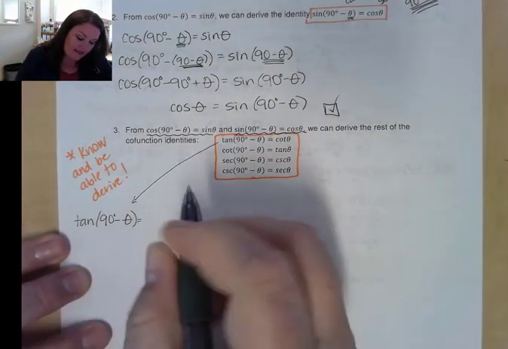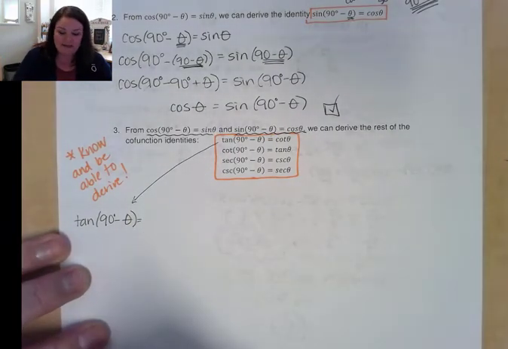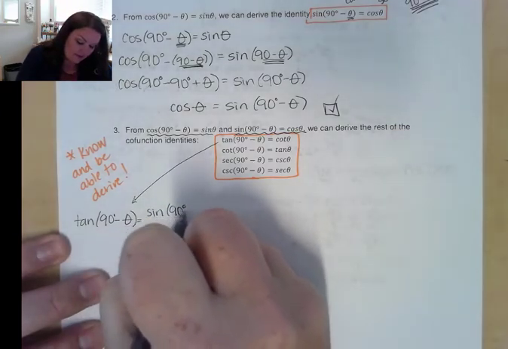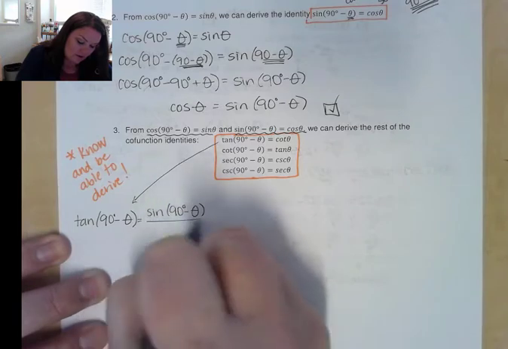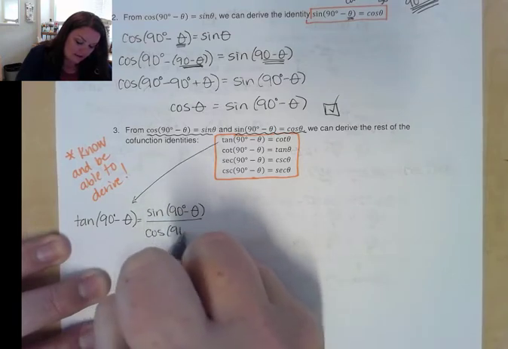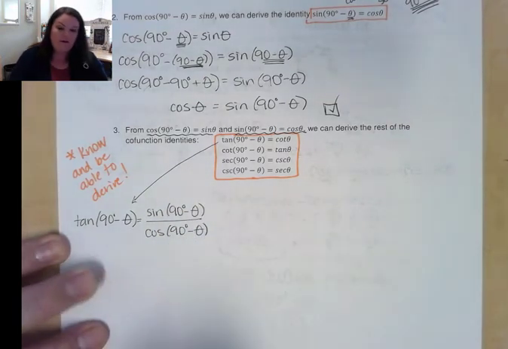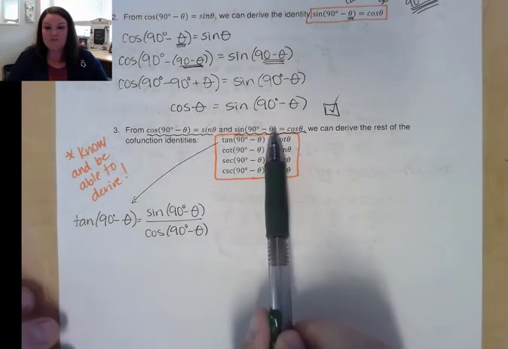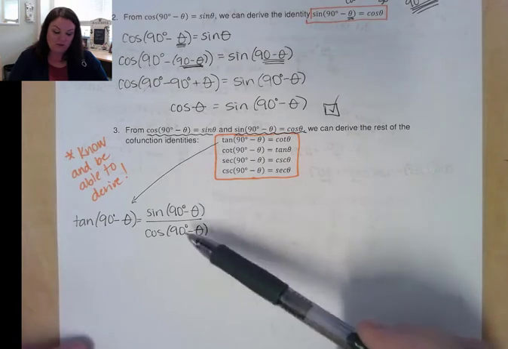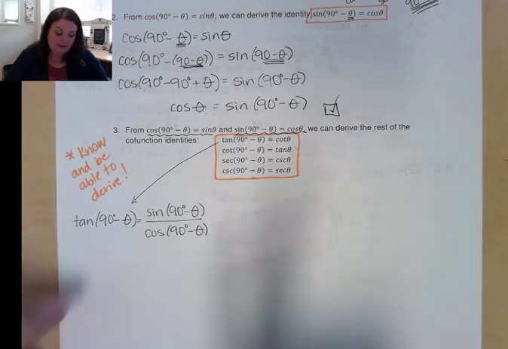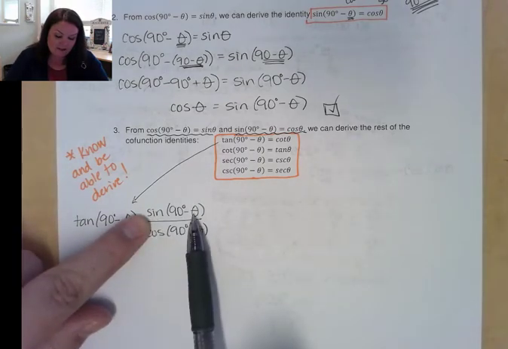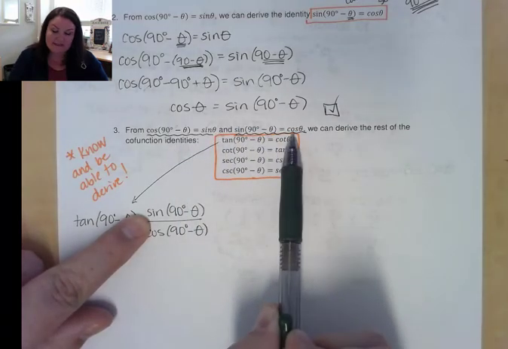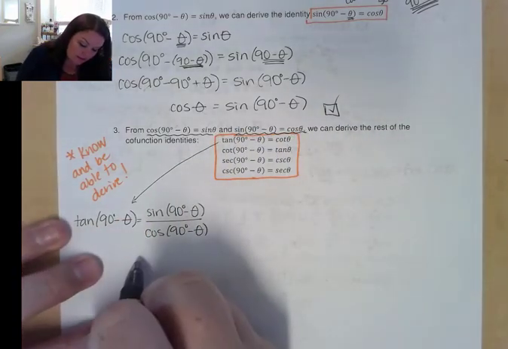So this means that tangent of 90 degrees minus theta is the same thing as sine of 90 degrees minus theta over cosine of 90 degrees minus theta. And now we can use those two identities that I just proved at the top of the page to replace these, right? Because sine of 90 degrees minus theta, where's that at? Here. Sine of 90 degrees minus theta is the same thing as cosine, right?